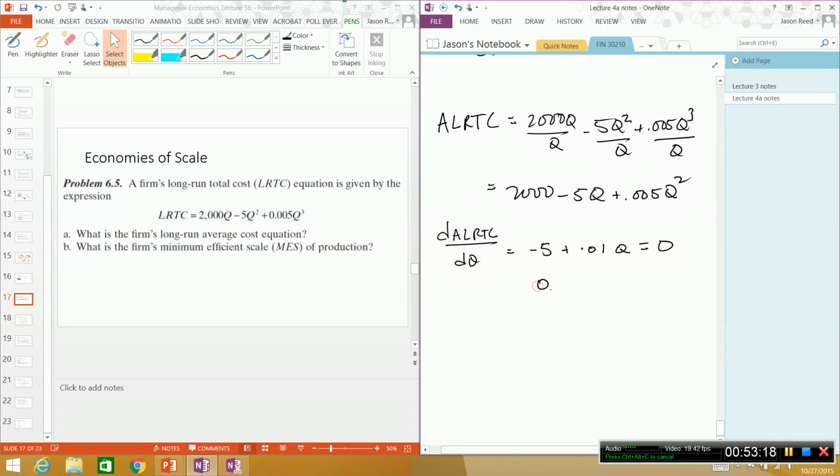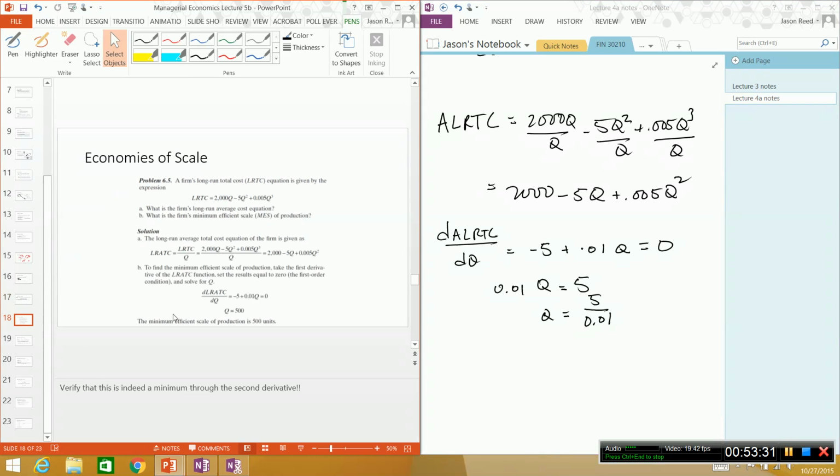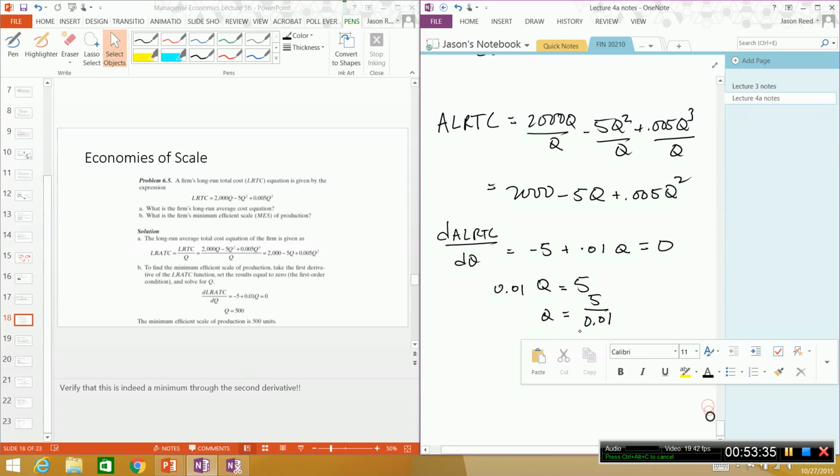So we have 0.01 Q is equal to 5. So Q is equal to 5 divided by 0.01. And so we can see that our answer is indeed 500. So we have Q is equal to 500. So the minimum efficient scale of production is 500. Very easy problem to solve here.